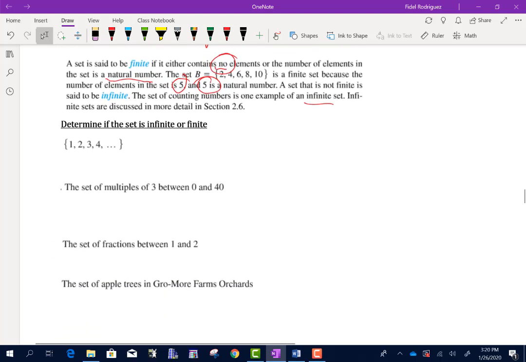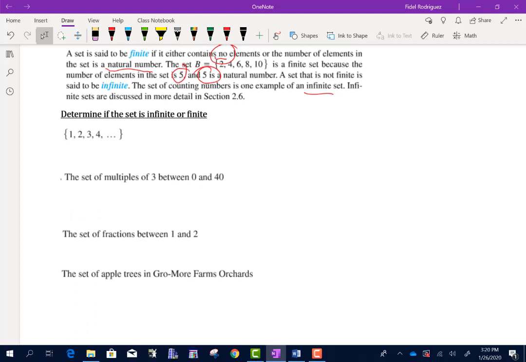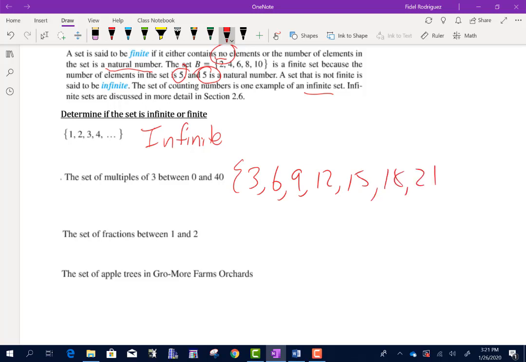Okay, so let's see. Is this an infinite or a finite set? Well, notice what the little dots mean. It means it keeps going on. This is going to be an infinite set. Okay. The set of multiples of 3 between 0 and 40. Well, we could find that, right? We could say, look, 3, 6, 9, 12, 15, 18, 21, 24, 27, 30, 33, 36, 39.